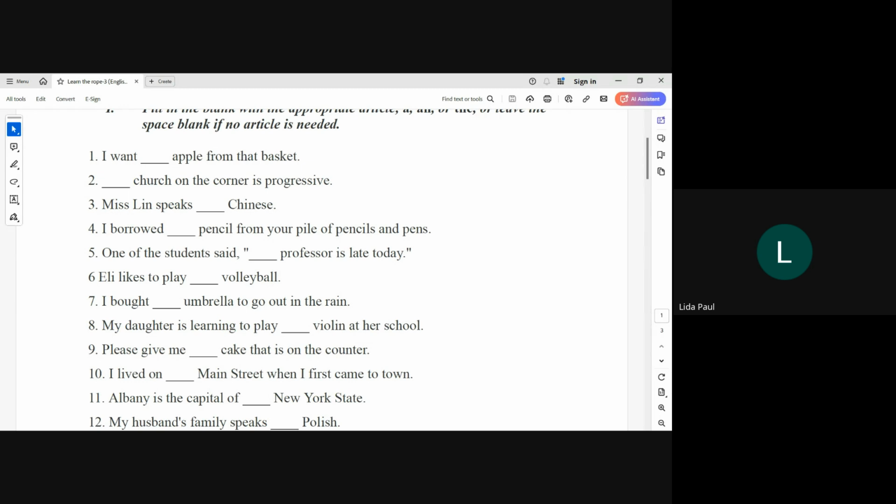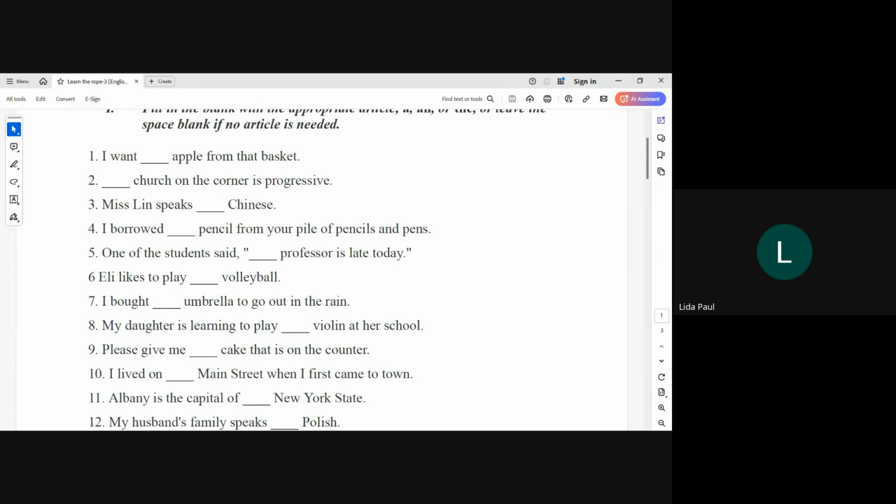Why not "a professor is late today"? Because the context tells you that it cannot be. Grammatically it may look right, but the possibility of that kind of sentence is a little problematic.